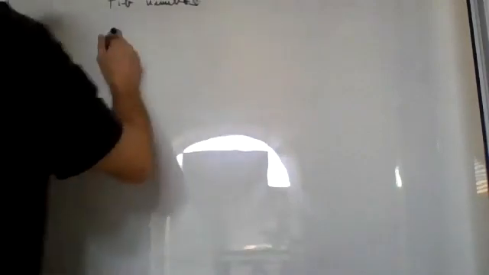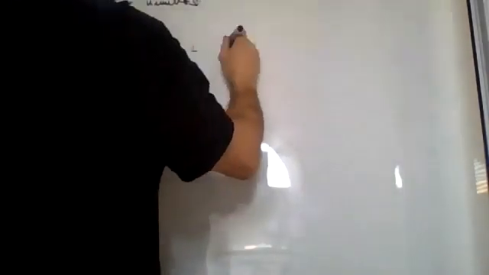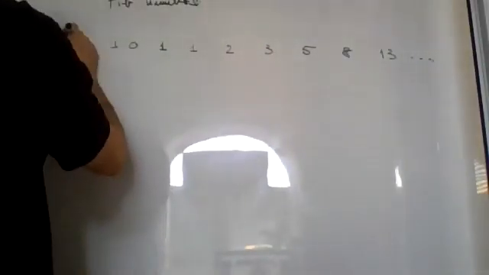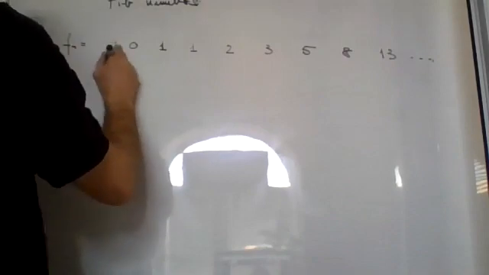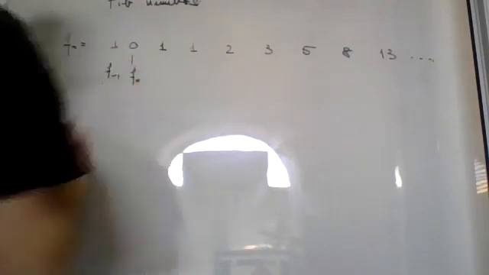It's a bit strange, but people do that also in other contexts. So I take 1, 1, 2, 3, 5, 8, 13. These are the Fibonacci numbers, Fn. This is F0, and this is F minus 1. And you should not think about it, okay?